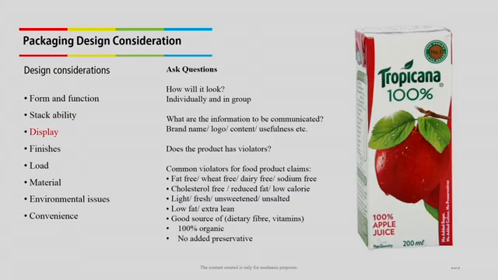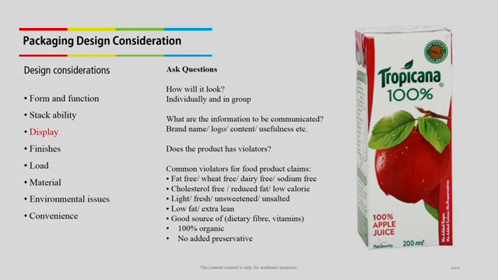Now, we will discuss display. The designer should ask how it will look individually and in a group, and what information is to be communicated: the brand name, logo, content, usefulness, etc. Does the product have violators or not?